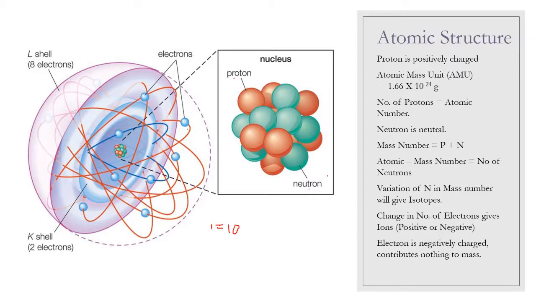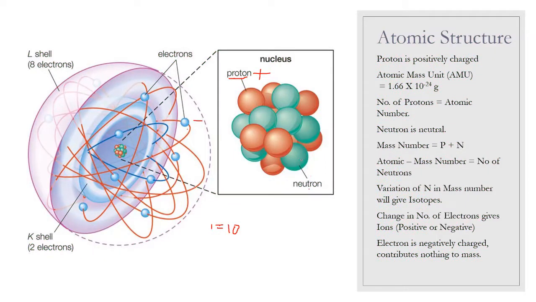These atomic particles contribute to the structure of the atom, and atoms have positive and negative charge. Positive charge is carried by the protons and negative charge is carried by the electrons. Protons and neutrons are bound together and form a nucleus, as we can see in this image.